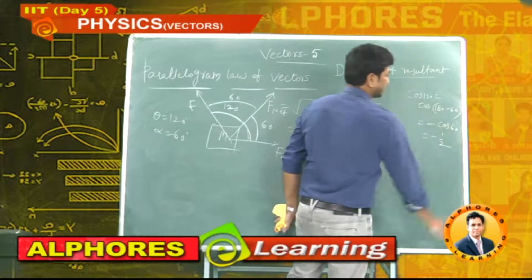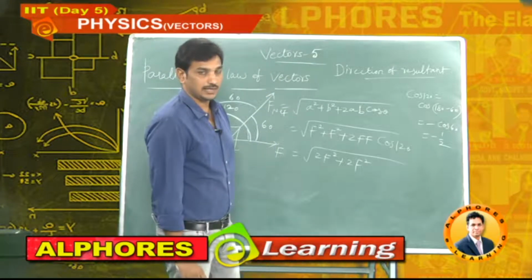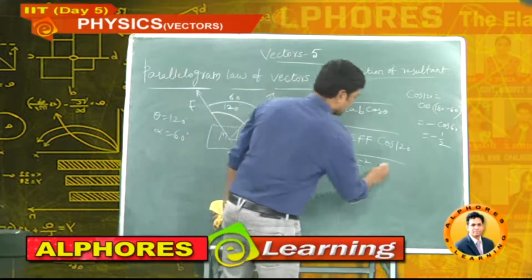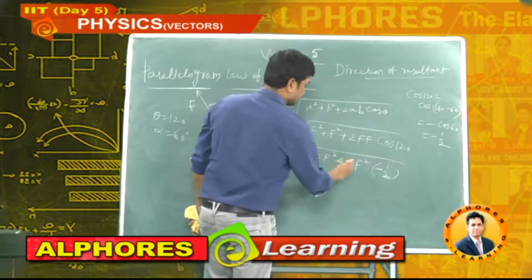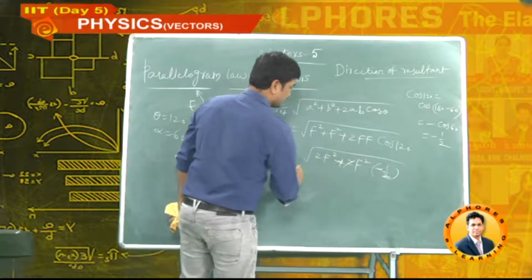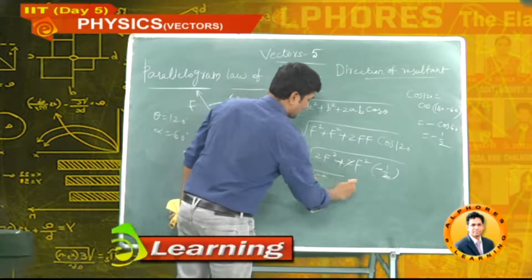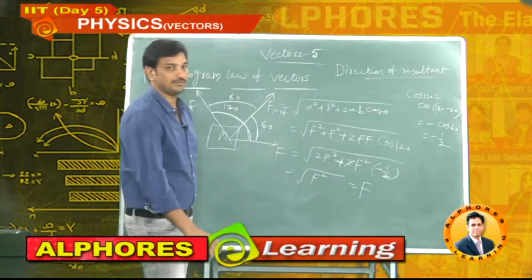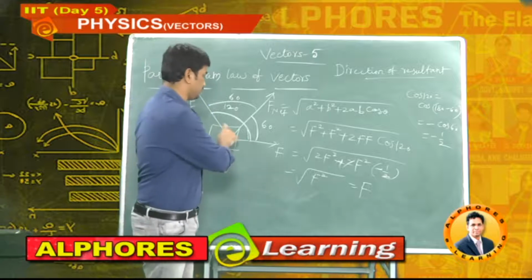Cos 60 value is 1 by 2, so cos 120 degrees we can write directly as minus 1 by 2. The 2 cancels. 2F square minus F square, F square. Answer F.